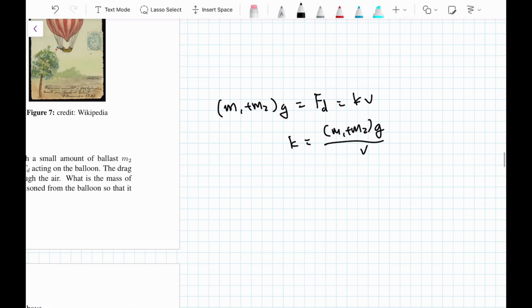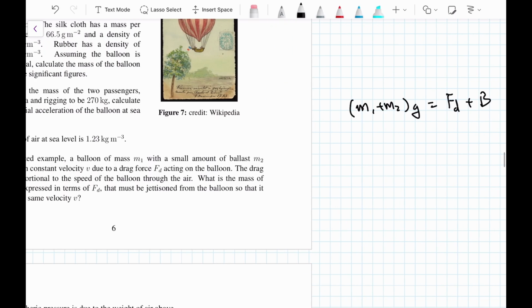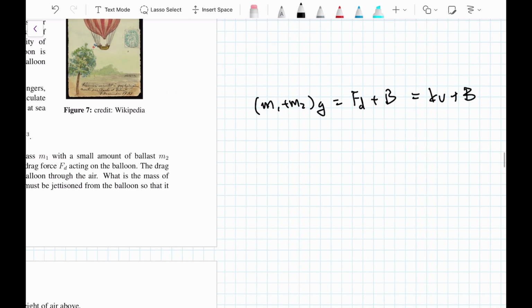So to adjust the previous equation, we can say that (m1 plus m2)g should be equal to Fd plus the buoyancy, let's say it's just B. So this should be equal to kv plus B. And then I will leave it at that. Then the second equation should be in terms of this.